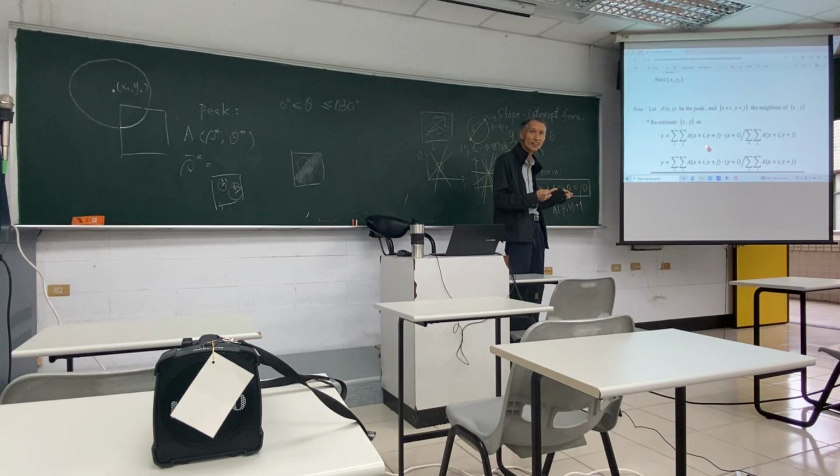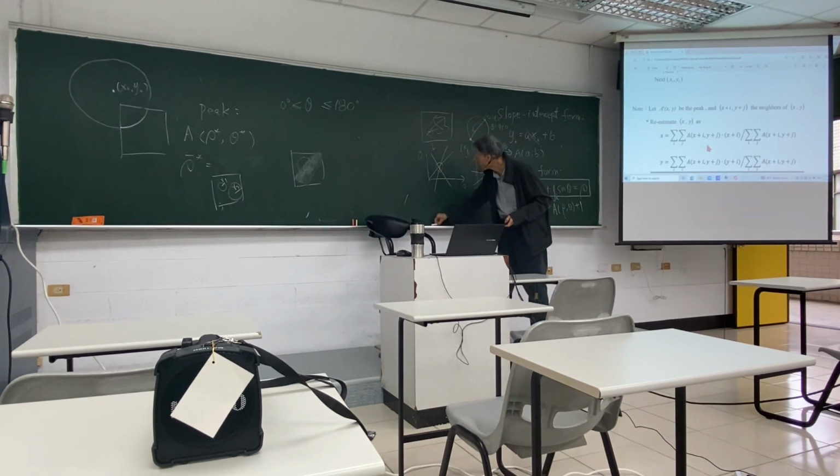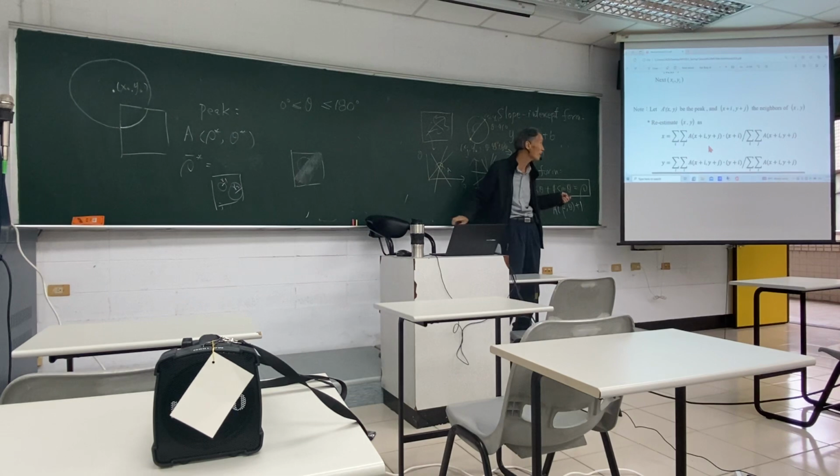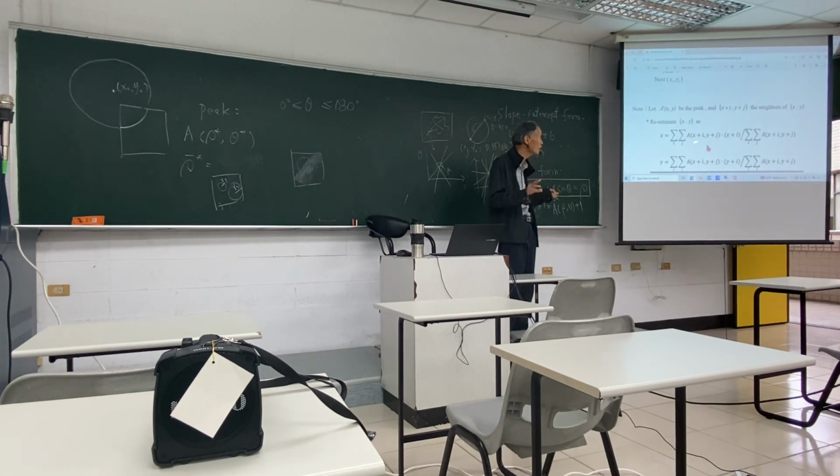As I mentioned, at the end you might have some local peaks here and here, and each one has its own accumulated value. Then we use the accumulated value as the weight.